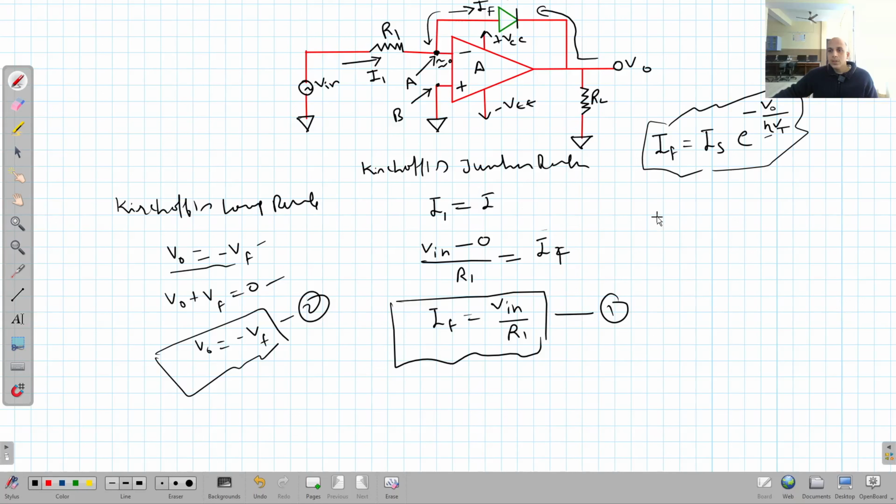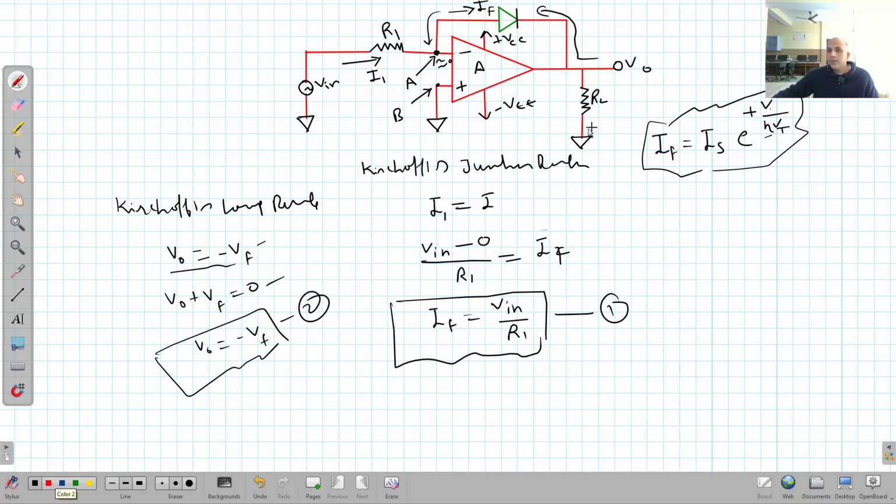Now we know V output is equal to minus VF, right? Sorry, here it was positive earlier, and it was VF here. I made a mistake here. Please correct it.